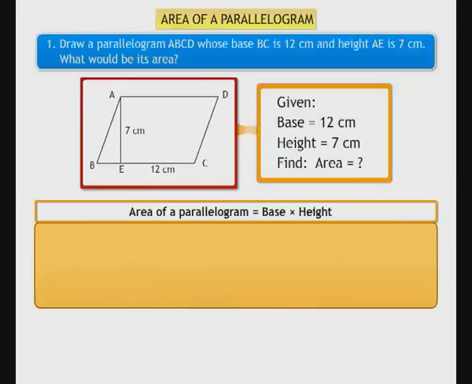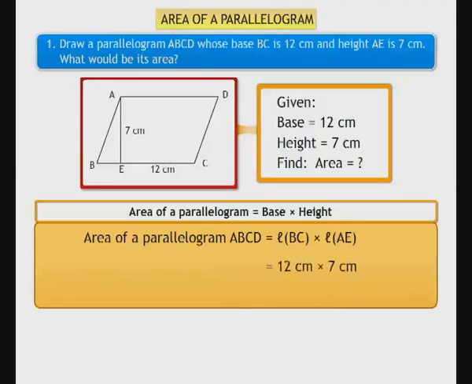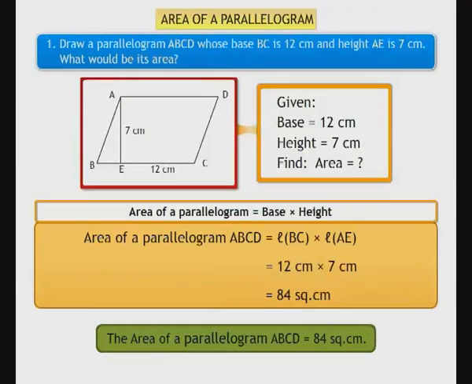Area is equal to 26 square centimeter. Base is equal to 6.5 centimeter. We have to find height. Area of a parallelogram is base into height. Area is equal to length BC into length AE. Therefore, by substituting, we get 26 square centimeter is equal to 6.5 into length AE.